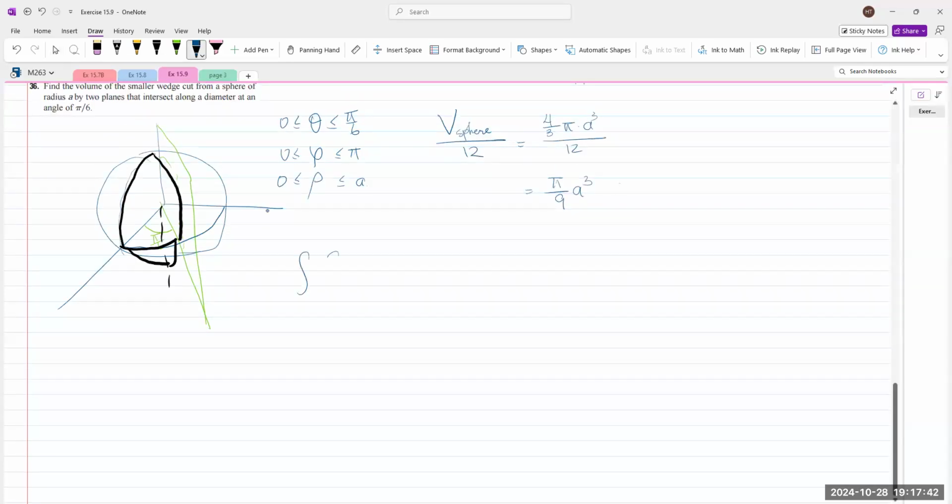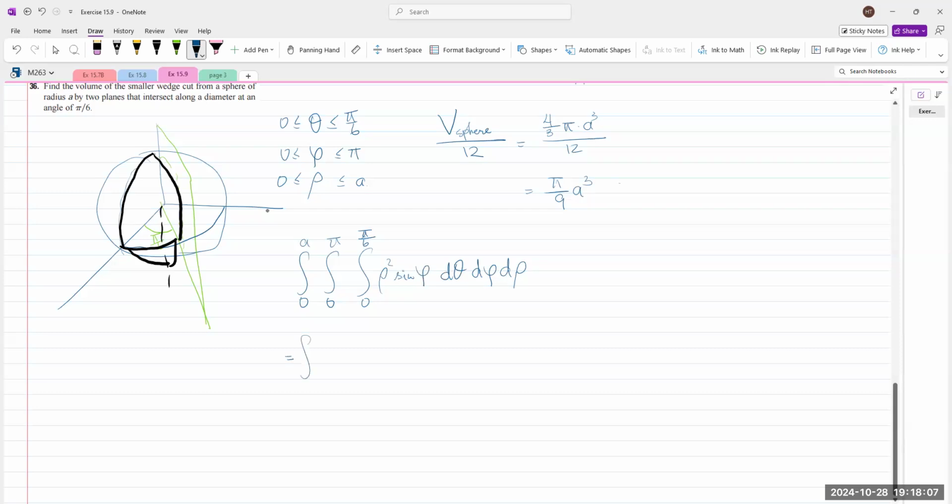So the volume will be a triple integral. The rho will be from 0 to a. The phi will be from 0 to pi. The theta will be from 0 to pi over 6, of rho squared sine phi.